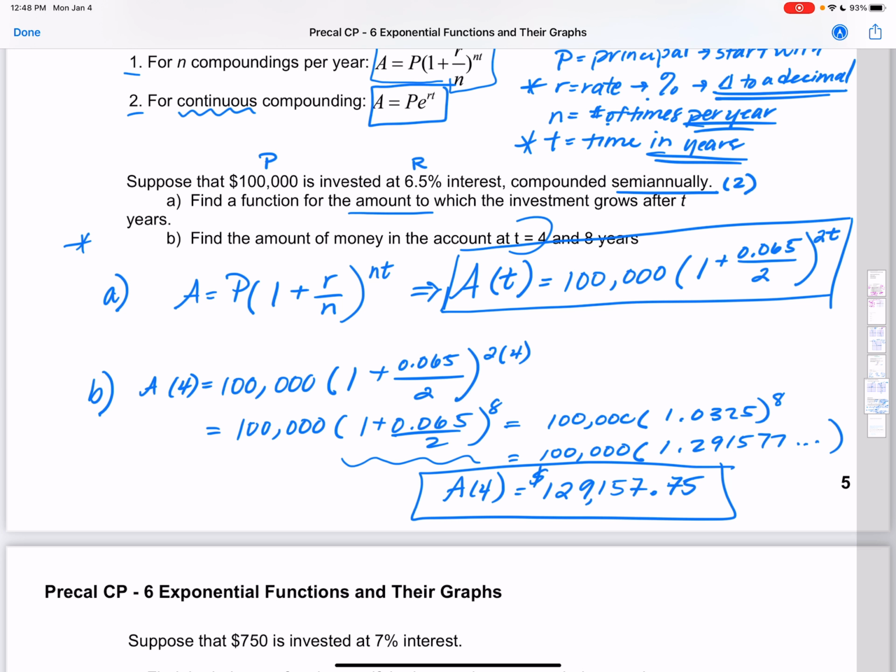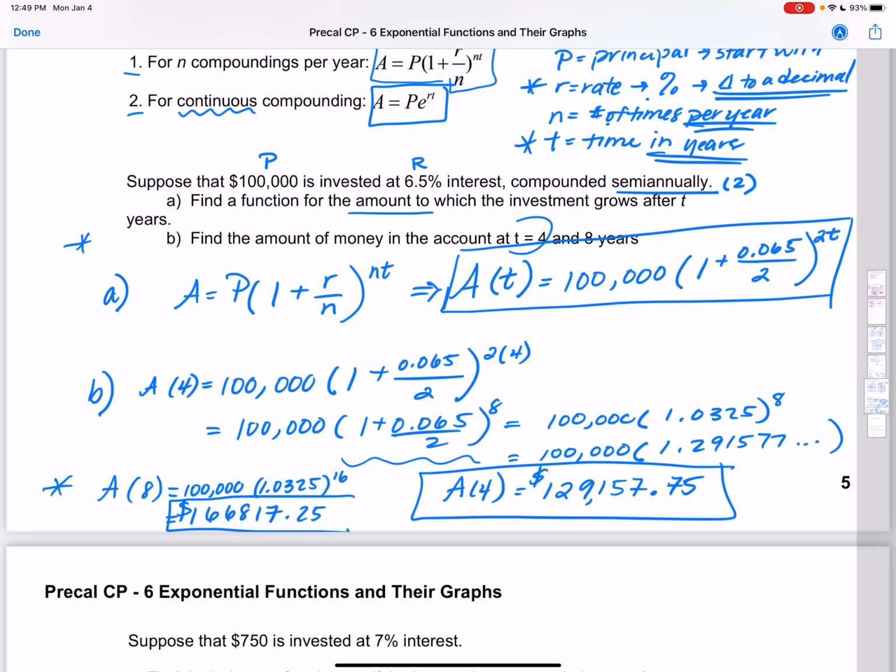Okay, so now how much would I have after 8 years? I'm going to let you calculate this, and we'll check our answer. So after 8 years, you're going to change everything here, and you should have 100,000 times 1.0325 raised to the 16th, and that is 166,817.25.